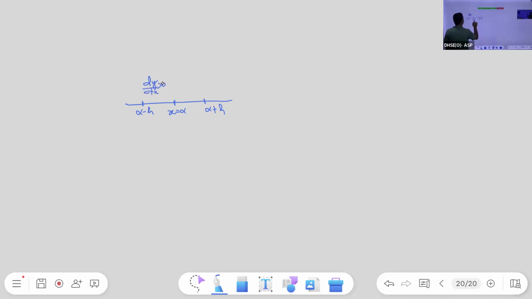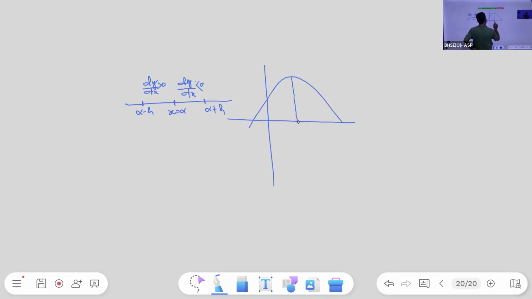In the right neighborhood, dy upon dx is less than 0. So dy upon dx changes its sign from positive to negative.